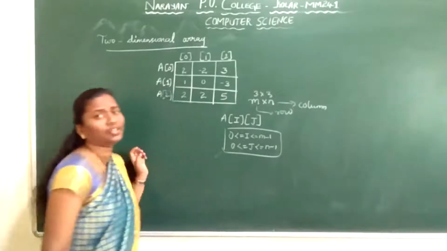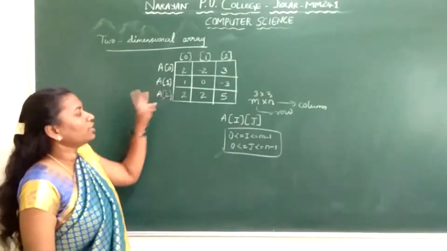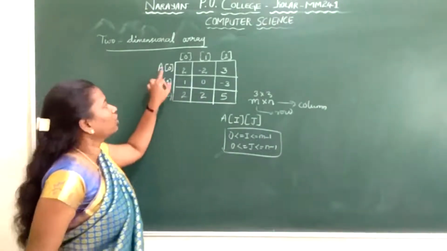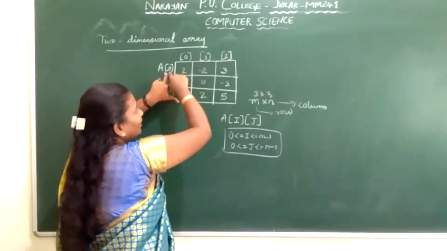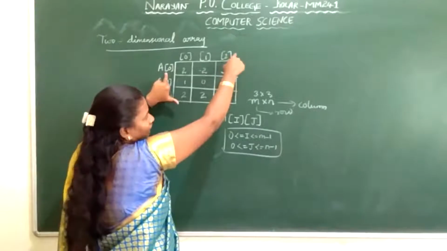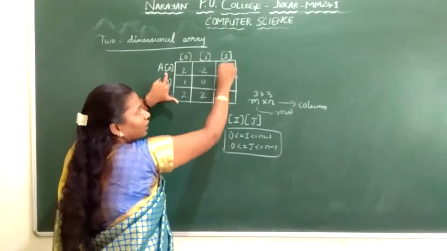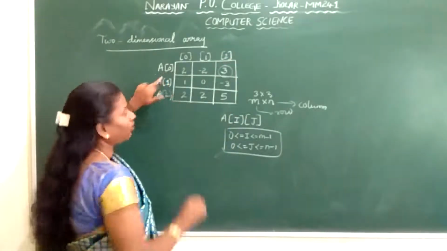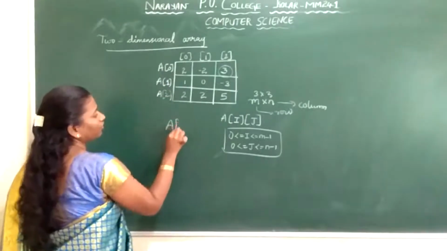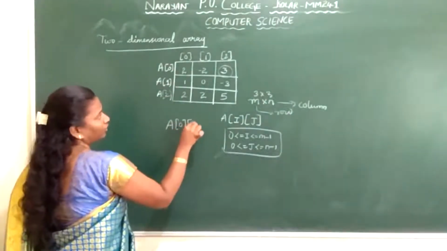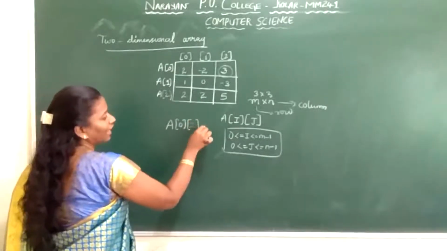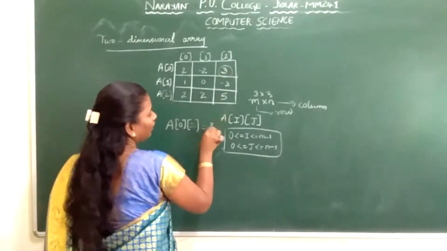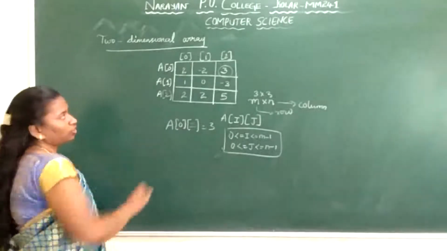For example, if I want to find what is in A of 0, 2, in the 0th row and second column, what element do I have? Element 3. So A of 0, 2 holds the element 3.